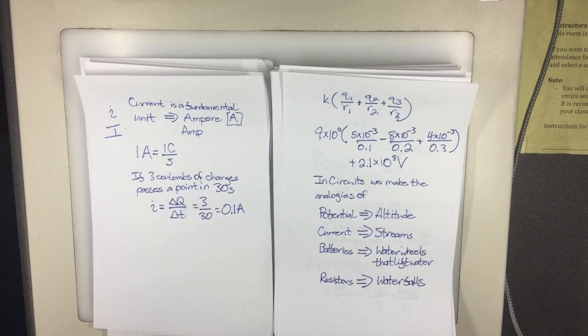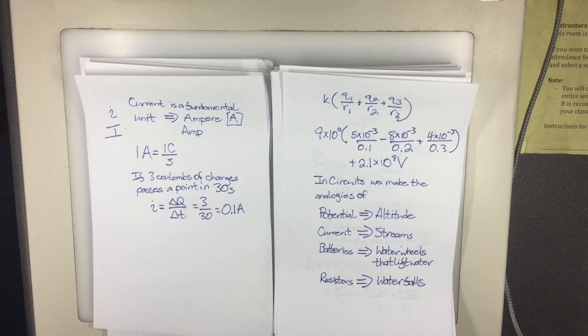I've seen some people look at me quizzically. I have an initial problem with saying that current is a fundamental unit. I'm willing to admit that mass, kilogram, is a fundamental unit. I'm willing to admit that seconds for time is a fundamental unit. I admit that meter is a fundamental unit of distance.